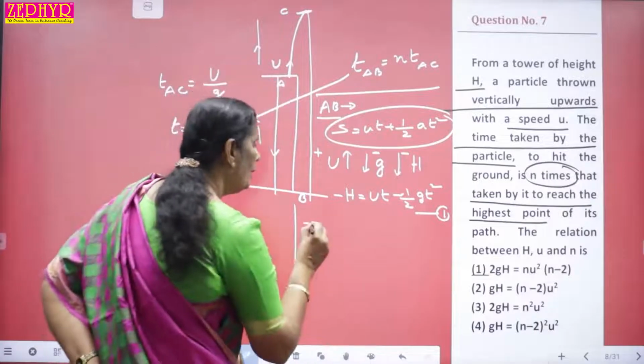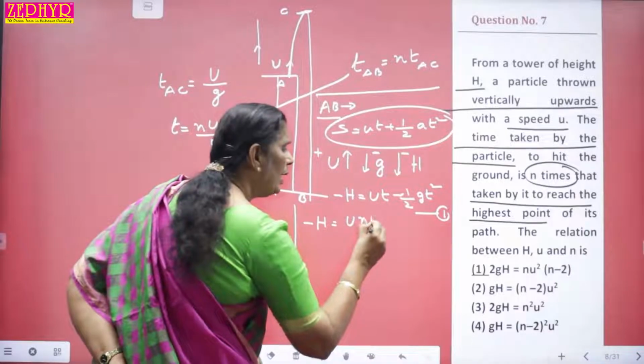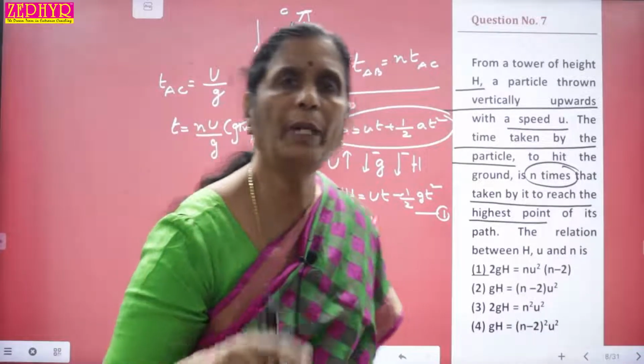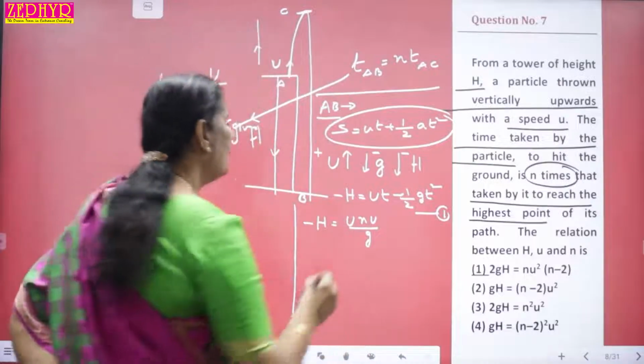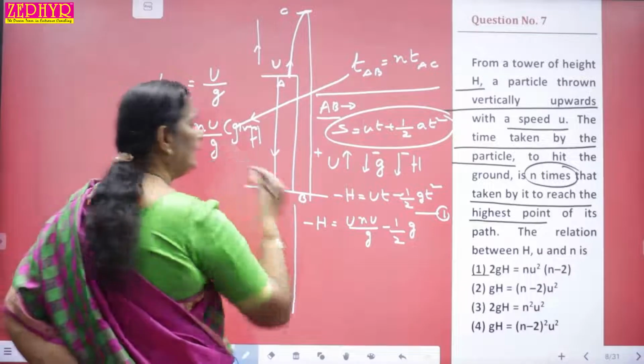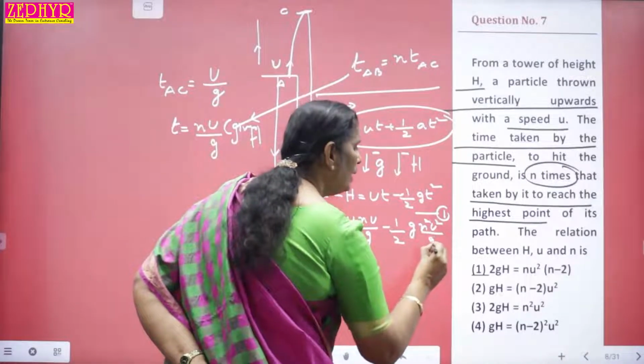So minus H is equal to u into nu by g minus half into g into the square of nu by g, that is n square u square by g square.